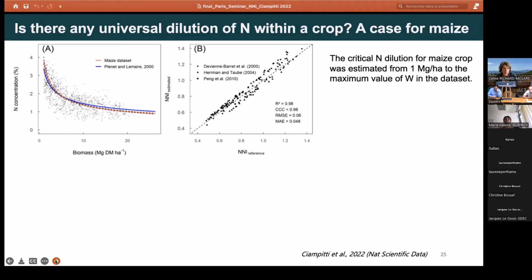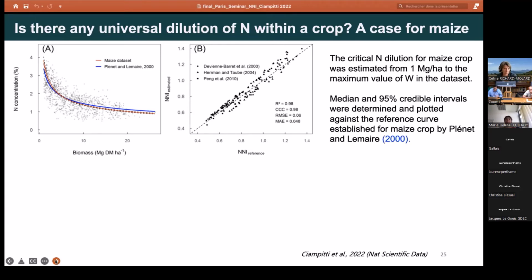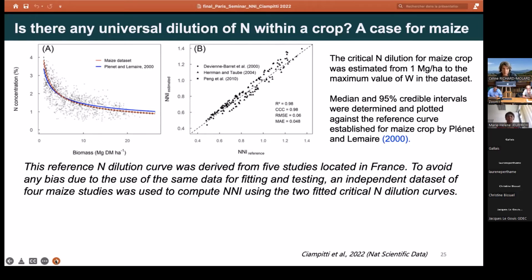We also estimate the NNI from our universal curve and compare it to independent data sets from different studies. And still, we see that everything fits very well, without too much deviation on the dilution.